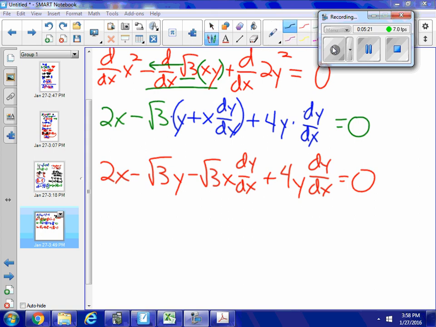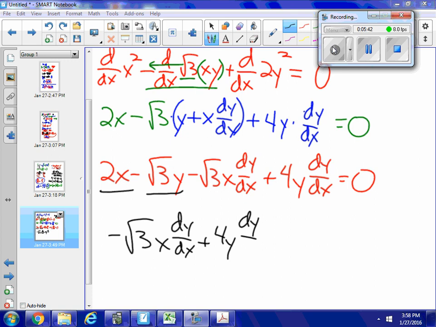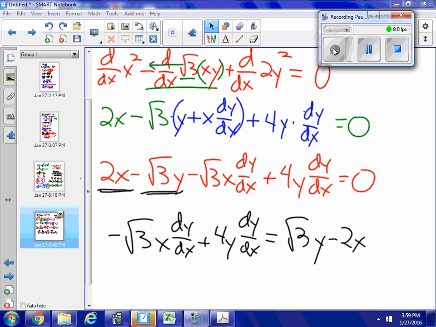I want to get this term and that term onto the other side because the other two terms have dy/dx. So I have negative radical 3x dy/dx plus 4y dy/dx is equal to radical 3y, that's positive, minus 2x, that's negative, because I added to both sides that, and I subtracted from both sides that.